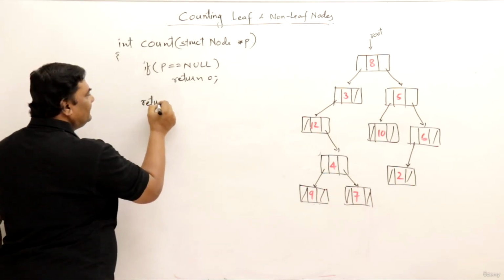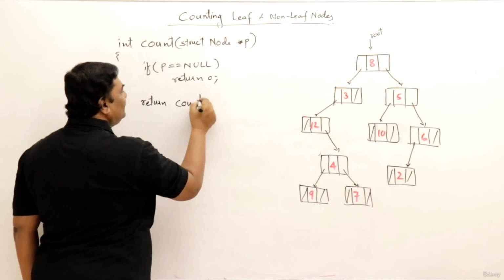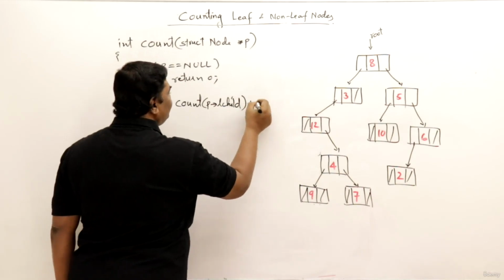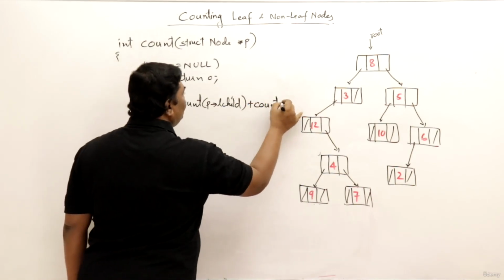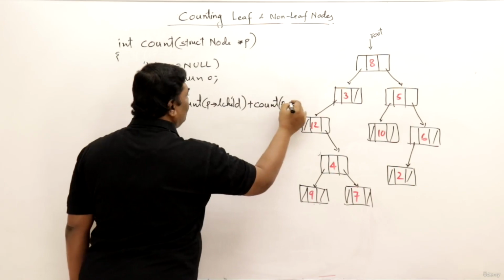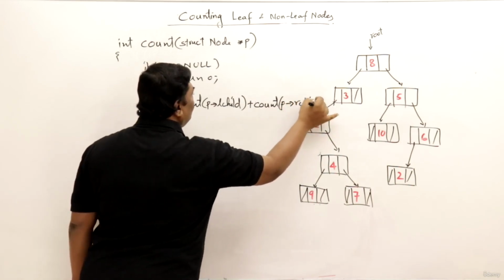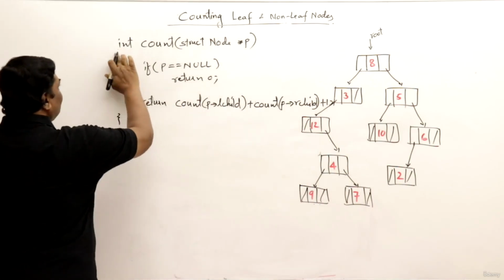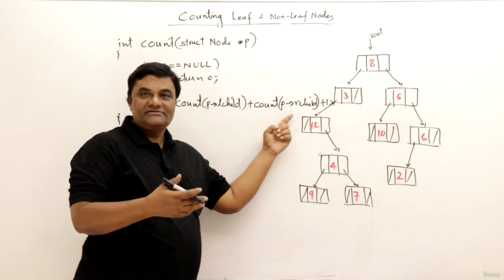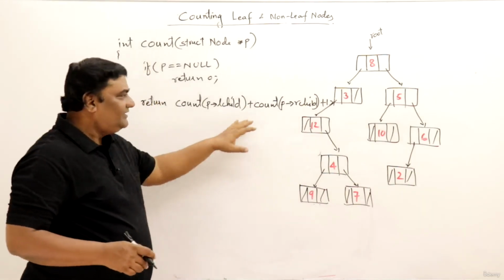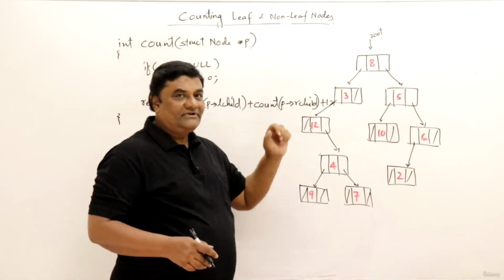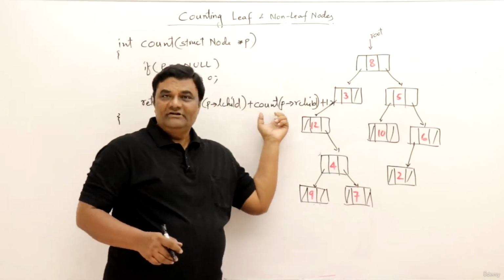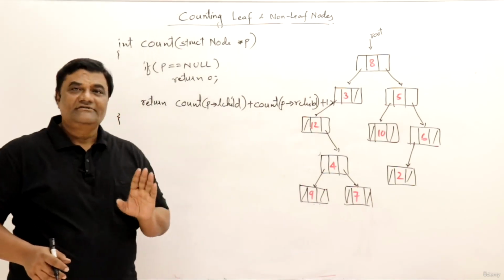Just say return count P's L child plus count P's R child plus 1. That's all. This is so simple. Earlier I was taking these values in x and y variables, then adding 1. Now it can be written directly: I call the function on the left child and the right child plus 1. So the working will be the same.